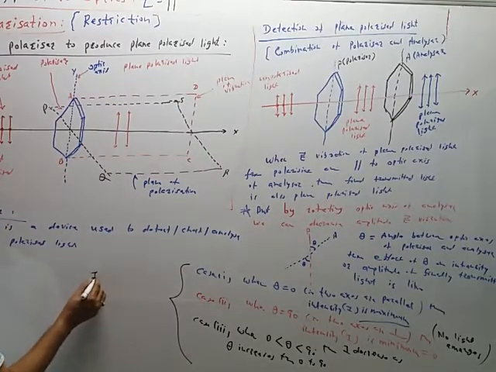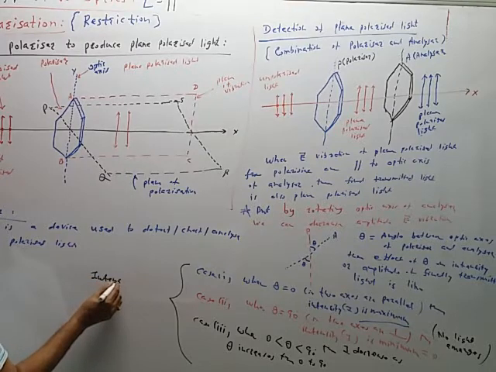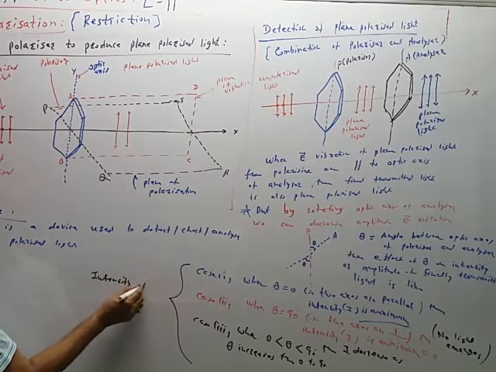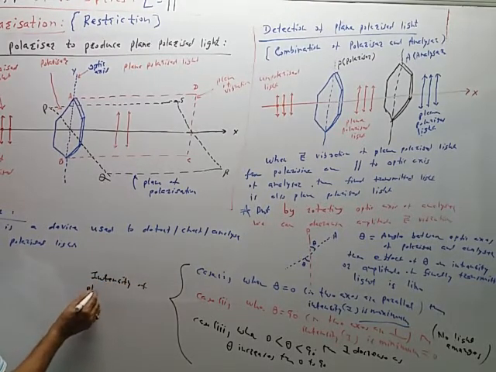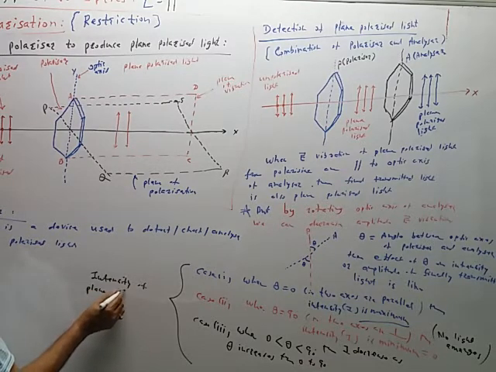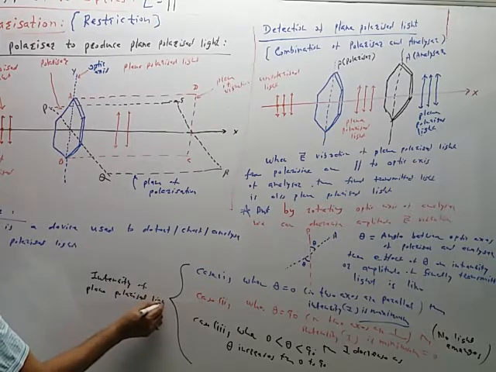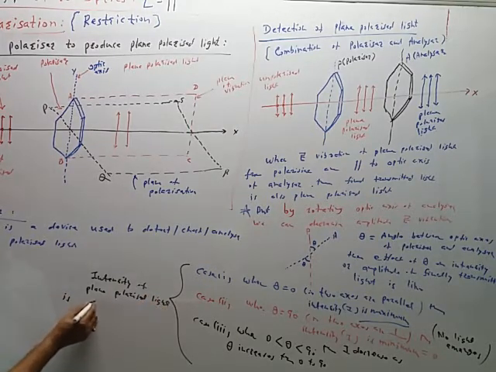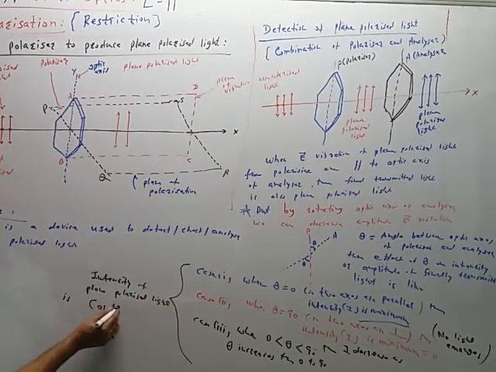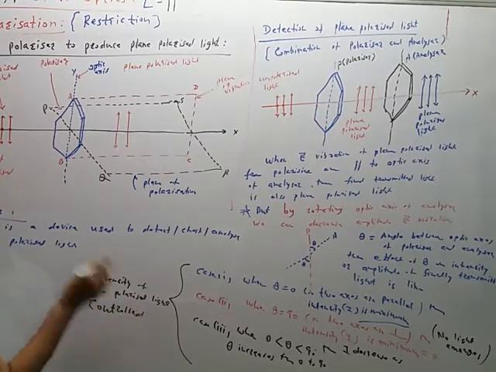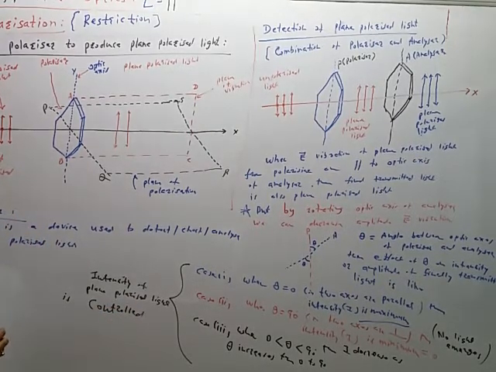So intensity control: the intensity of the plane polarized light is controlled. Intensity control is the main use of this system, polarizer and analyzer.